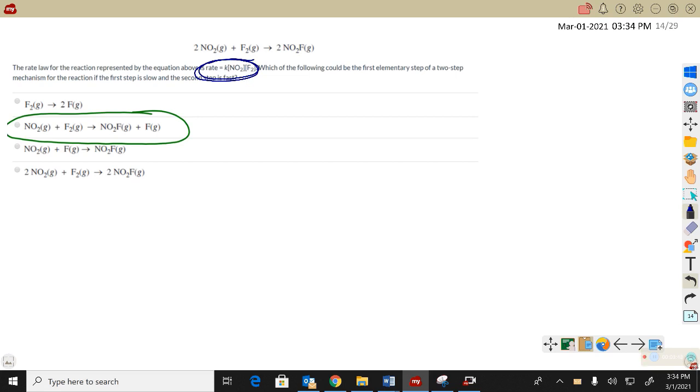So I'm looking for one molecule of NO2 and one molecule of fluorine. Again, we can write these rate laws based on molecularity, the molecules colliding on the reactant side, but we have to confirm with lab data. So the laboratory data always wins. That is the true rate law.